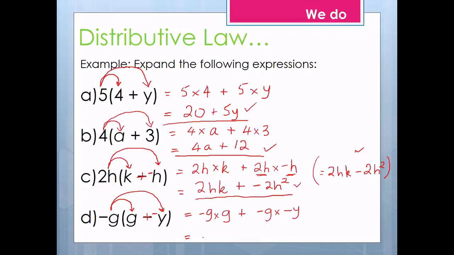Now negative g times positive g is going to be negative, because a negative times a positive is a negative, and that'll be g squared. Plus, I've now got a negative multiplied by a negative, which actually gives me a positive answer. Oh, yahoo! And g times y will be gy. So g squared plus gy. Well done if you got that last one.